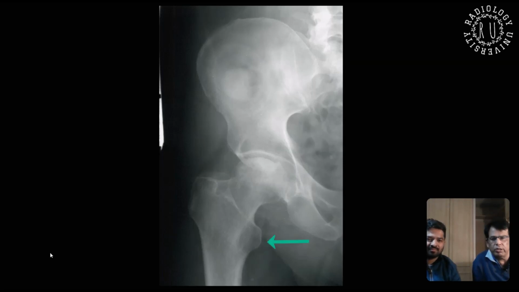The lucency in the lesser trochanter is possibly projectional on this view, but I would like to confirm on other views whether it is persistent or projectional. The other thing I could see on the film is a rounded sclerotic opacity overlying the right iliac fossa, projected on the right iliac bone.